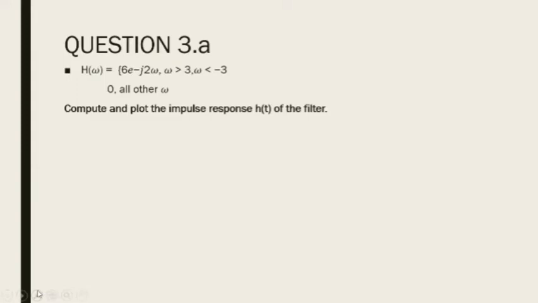The question asks us to compute and plot h(t) from H(w). First of all, we need to know that H(w) here is in the frequency domain, while the question asks us to find the impulse response h(t), which is in the time domain. So we want to go from the frequency domain to the time domain.